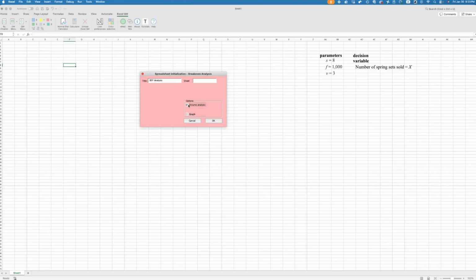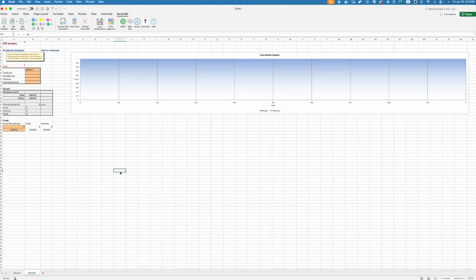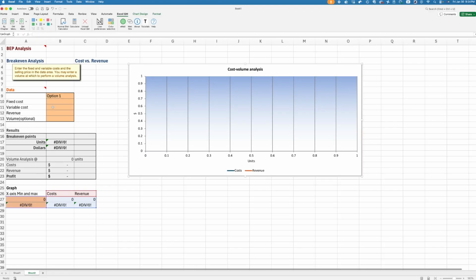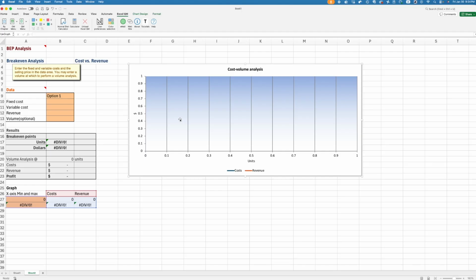Make sure that you click on the volume analysis and graph also. When you click OK, you should be able to see a predefined, organized worksheet that allows you to just put in your input, and it automatically calculates everything for you.